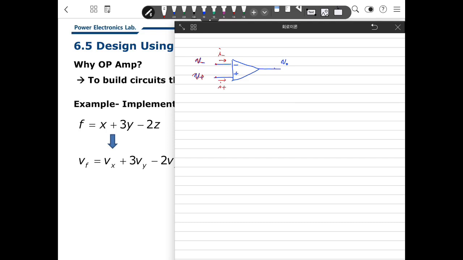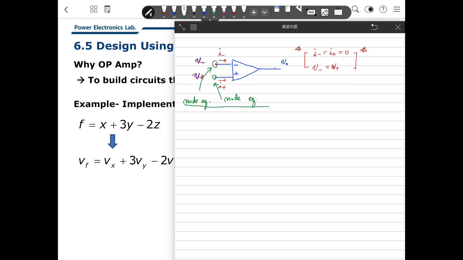Then you should write that I minus and I plus are 0, and V minus equals V plus. Then you apply the node equation here, and here, and you can solve it.